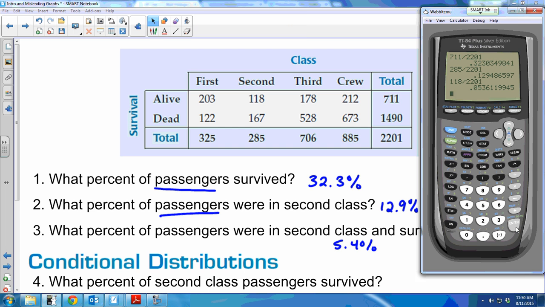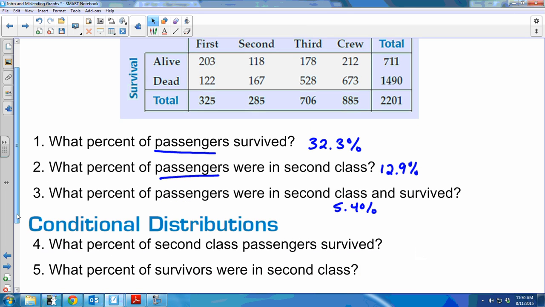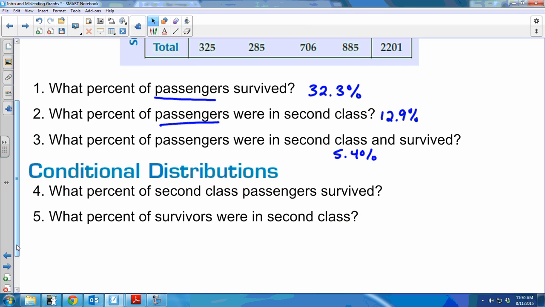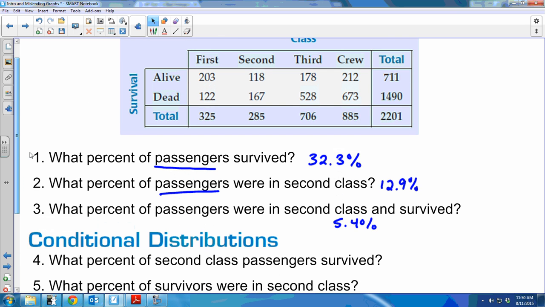What happens is when we get into conditional distributions, conditional distribution is just a fancy word for saying that one variable is dependent on another variable. So you're not going to be taking it out of the total anymore. They're going to narrow your population, so it's conditional upon what that population size was. So number 4 says, what percent of second class passengers survived?